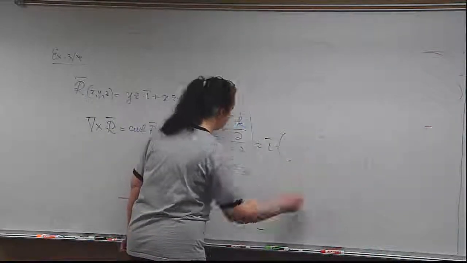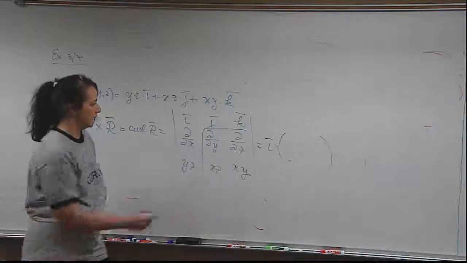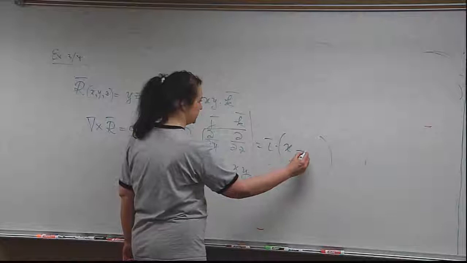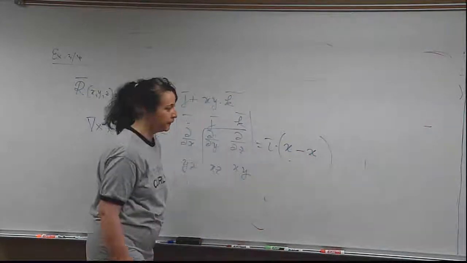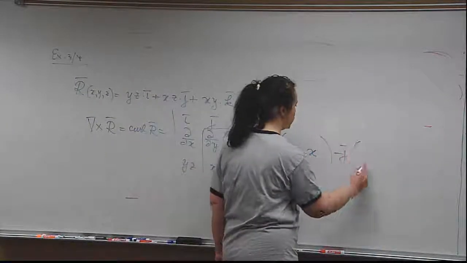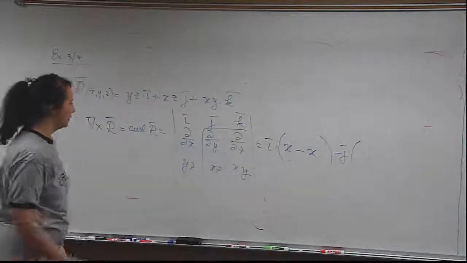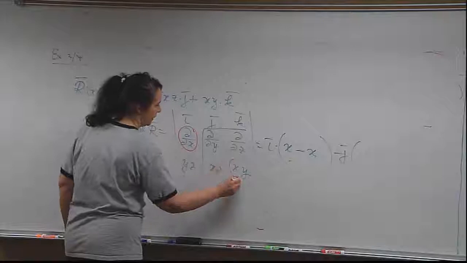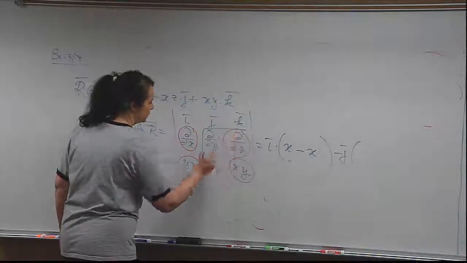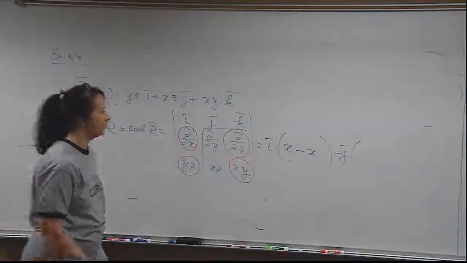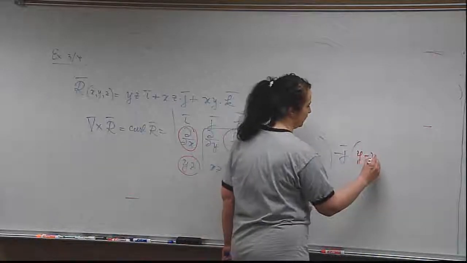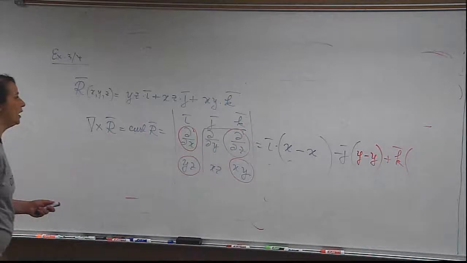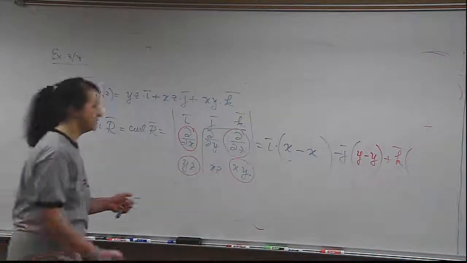i times what is the minor? This, x, right? Minus x, plus minus j times what minus what? The minor will be the red thingy. And the red thingy is beautiful because it's going to be y minus y, plus k times, who do you think it's going to be? z minus z.